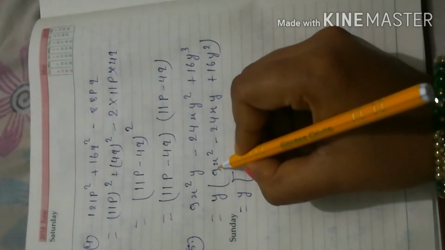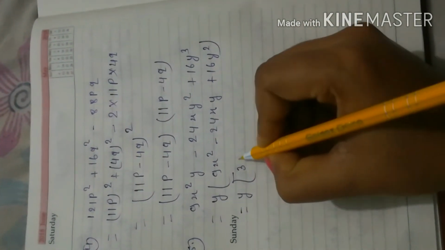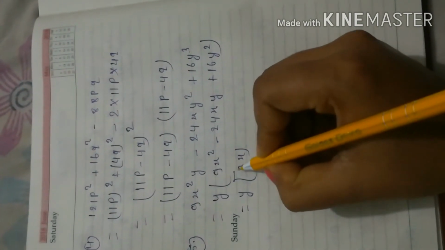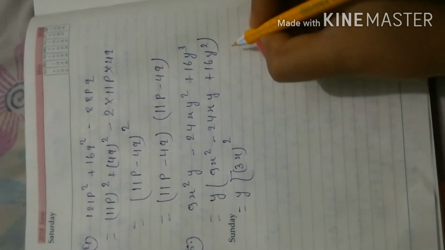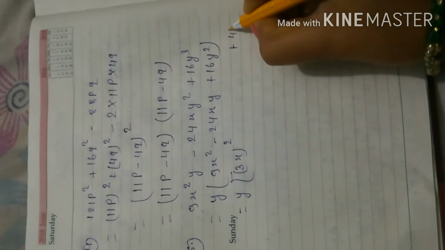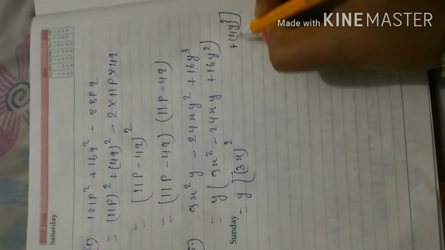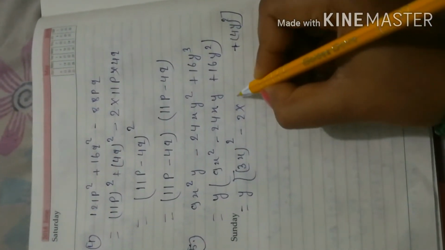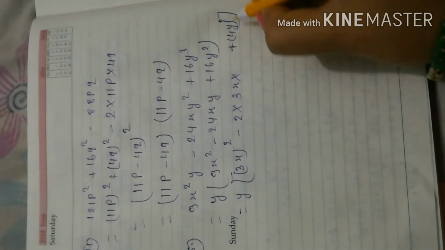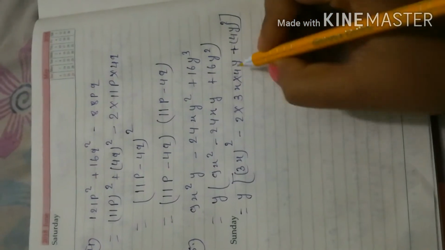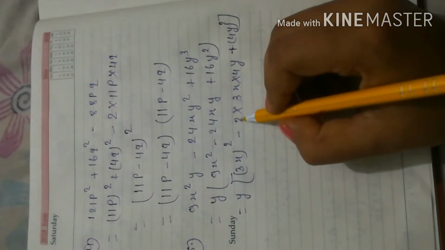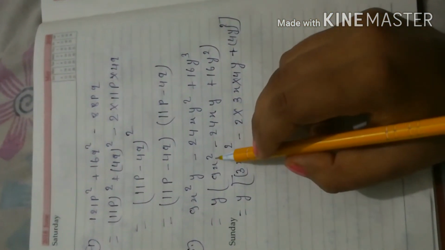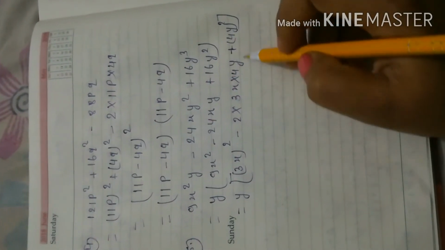Now we can write y into, at the place of a here is given 9x, so we can write (3x) whole square, plus here you can write (4y) square, minus 2ab. At the place of a here is given 3x, at the place of b here is given 4y. 4 threes are 12, 12 twos are 24. It means we can write this thing in this way also.